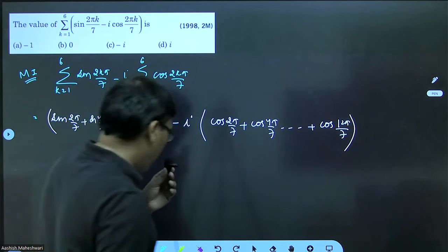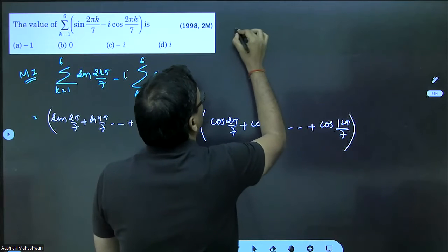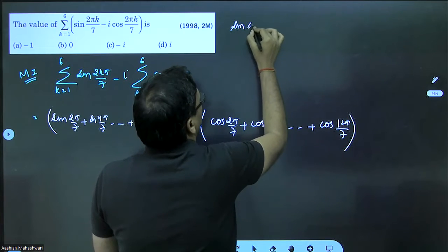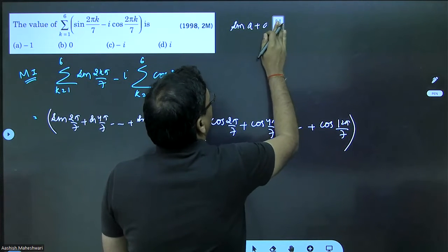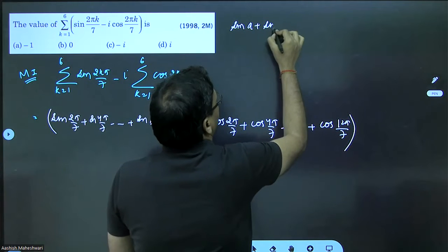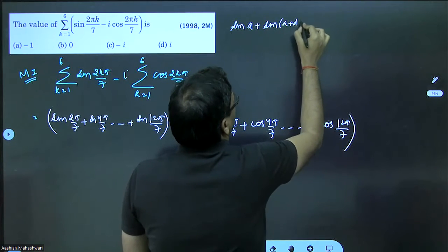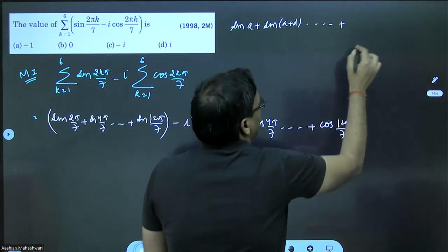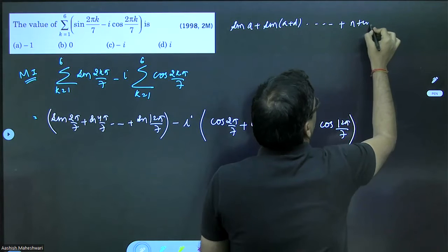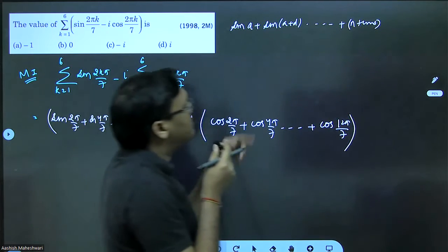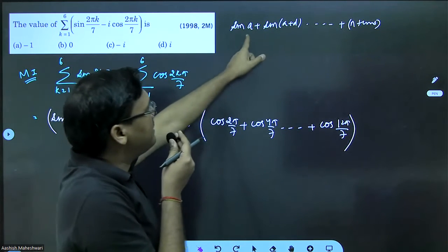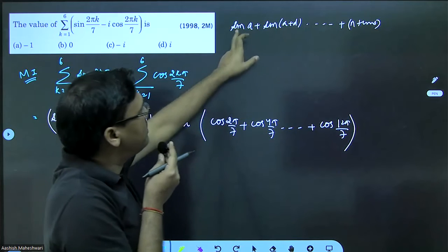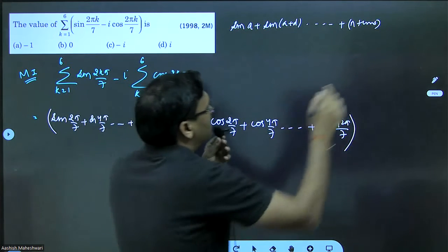Now, I hope you have done this kind of series. If you have sine A plus sine (A plus D) and so on till n terms, that is, if the angles of this series are in AP, then what is the sum of this series?